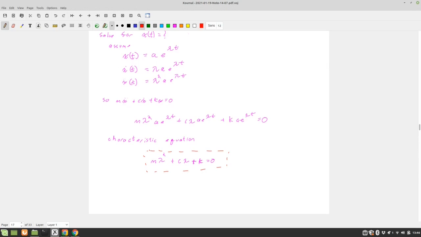So that's a nice simple expression for an equation of motion, right?